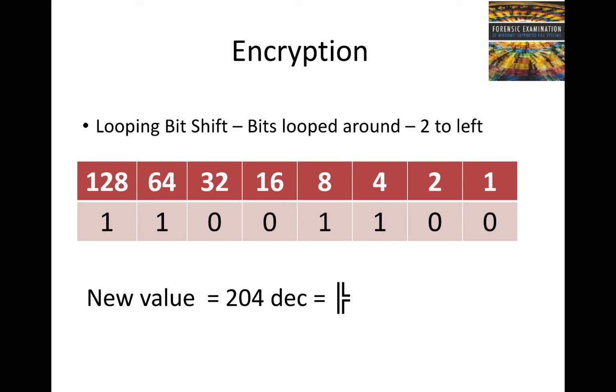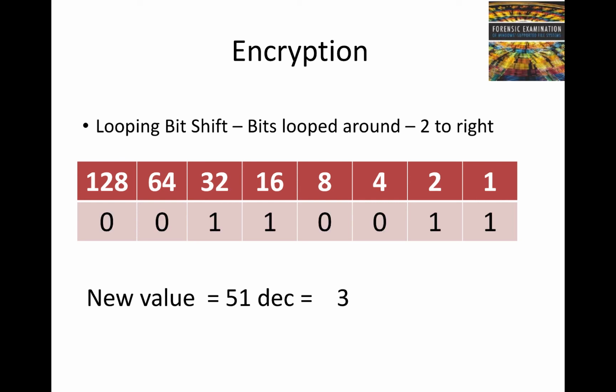Another scheme is called looping bit shift. In this case, if we go to the left 2 characters, those 2 characters loop around and end up on the right side. So again, we're going to look at this. You'll see we're at 1, 1, 0, 0, 1, 1, 0, 0. So I'm going to do 2 shifts to the left.